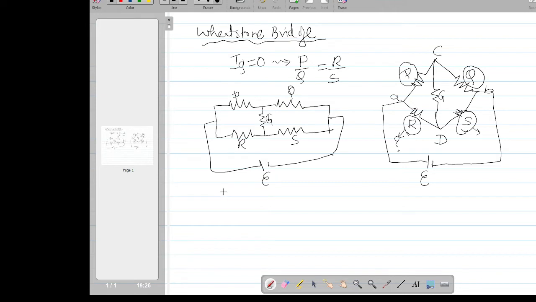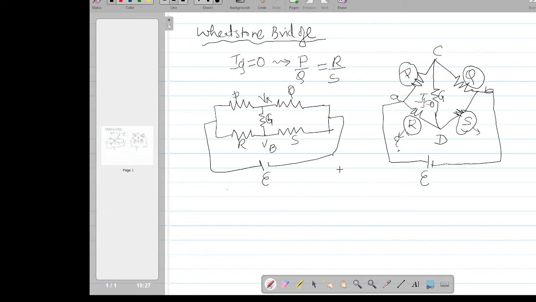The galvanometer shows a deflection only when current flows through it, meaning the current flowing between point VA and point VB becomes 0, then only the Ig value becomes 0, and then only we can calculate the current flowing through this circuit.